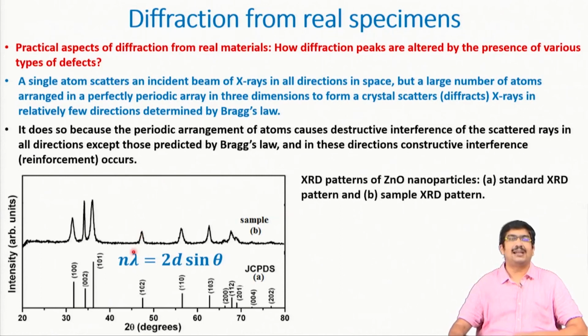To do that, you first bring something called JCPDS, or various other names. This is basically a database which gives you the X-ray diffraction profile of the corresponding phase or element that you are interested in, and you can bring that out.